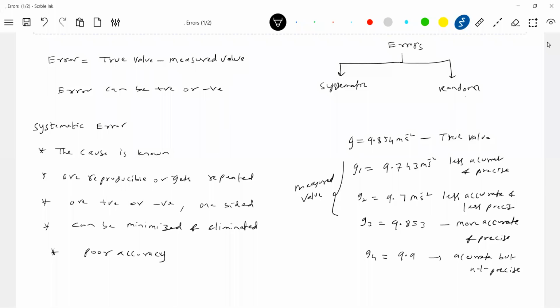So what about systematic error here? It occurs because of poor accuracy. Poor accuracy means the more the difference between true value and measured value, the more you can say accuracy is very poor. Precision is about the decimal places.